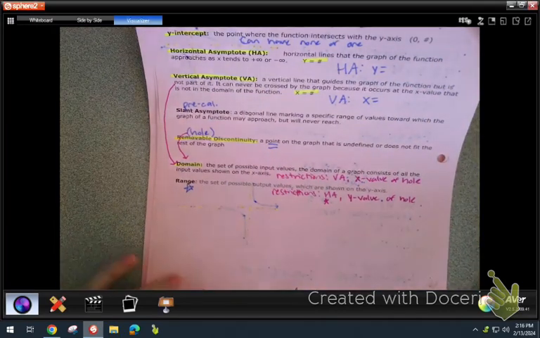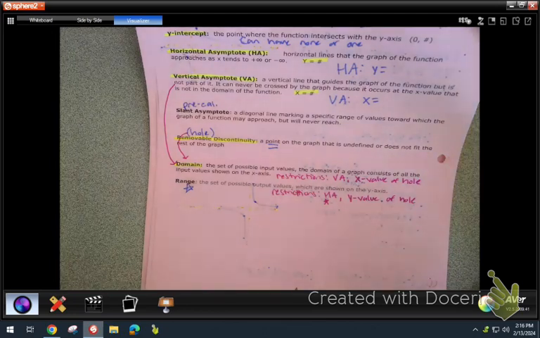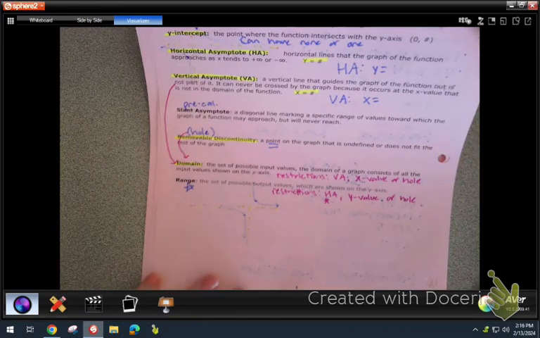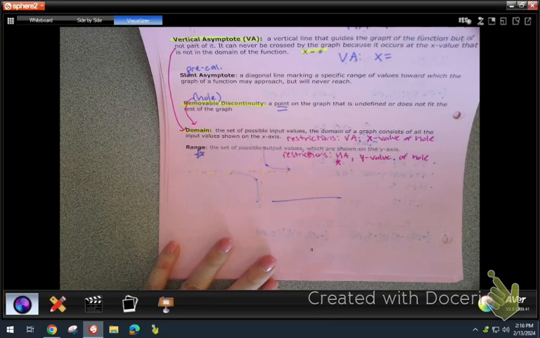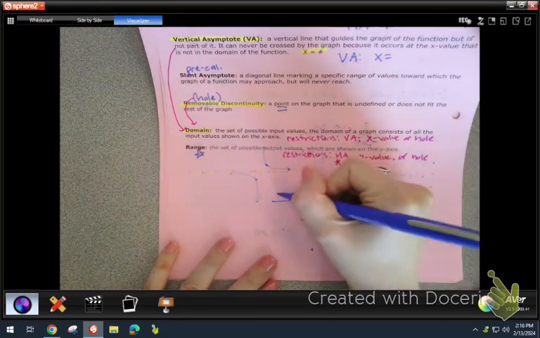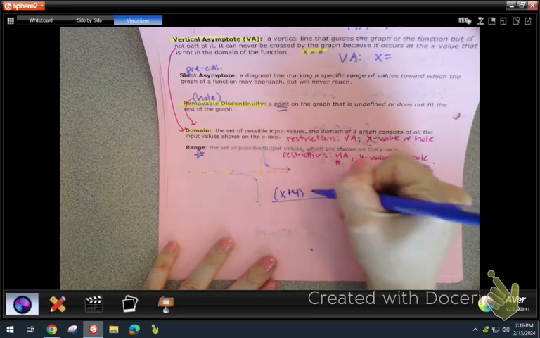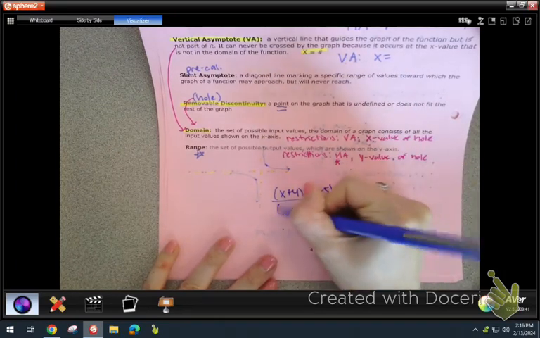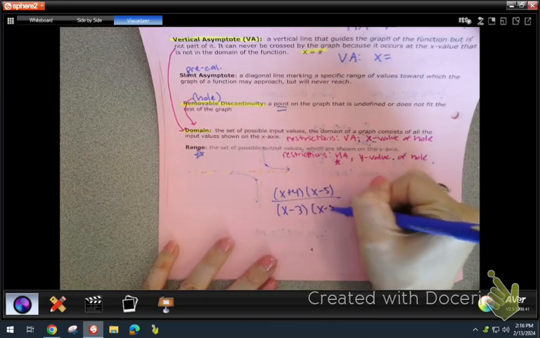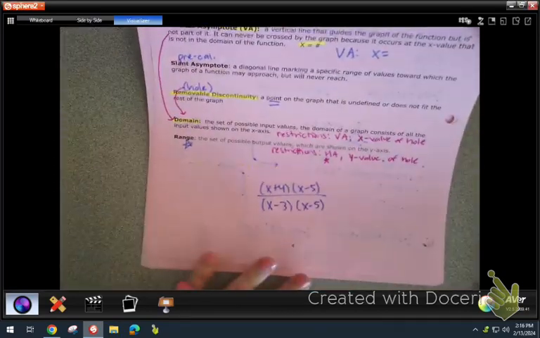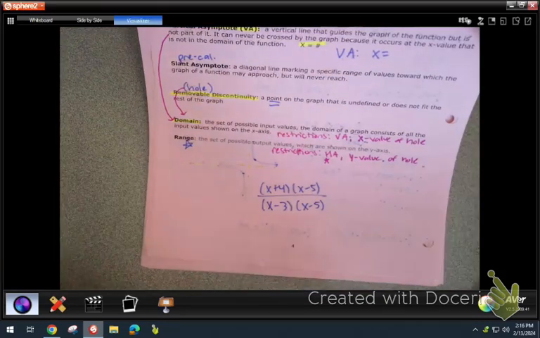We'll talk about algebraically what's happening, but I'll give you just a little hint on this, okay? Let's say you had a rational function equation, and it looked like this: x plus 4, x minus 5 over x minus 3, x minus 5. Let's say you just did your last test and I gave you this. What would you do if I said simplify it down?